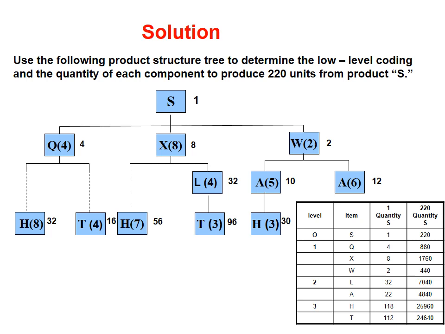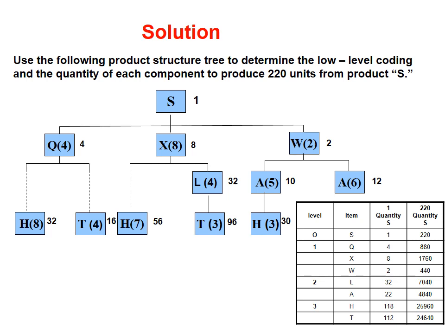Level 0, this is S, item S, one quantity from S, times 220, we needed 220 from S. This is the main product. Level 1, we have Q, X, and W. From Q, we need 4.